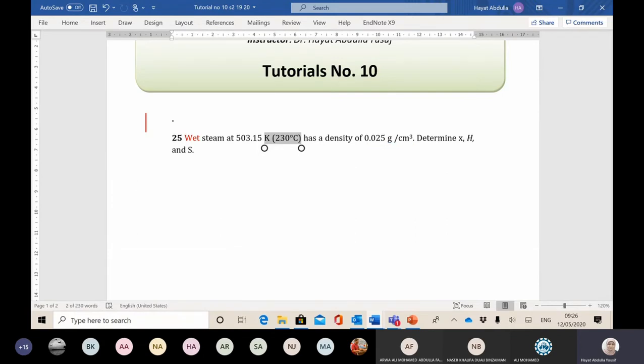At 230 degrees C, you will find V liquid and V vapor, but you don't have the actual V. The actual V is the inverse of 0.025, because this is the actual density of this stream, and by inverting it I get the actual specific volume.